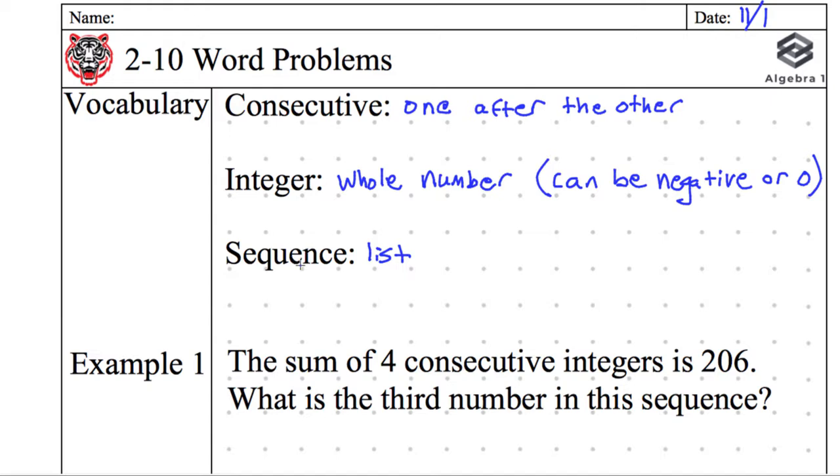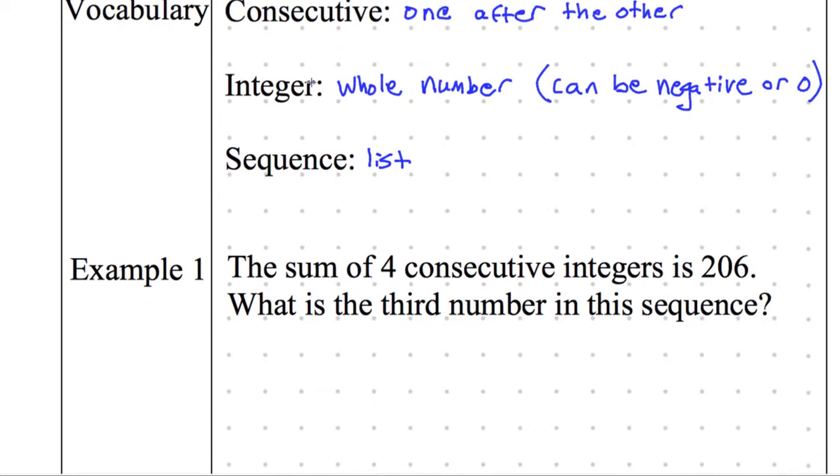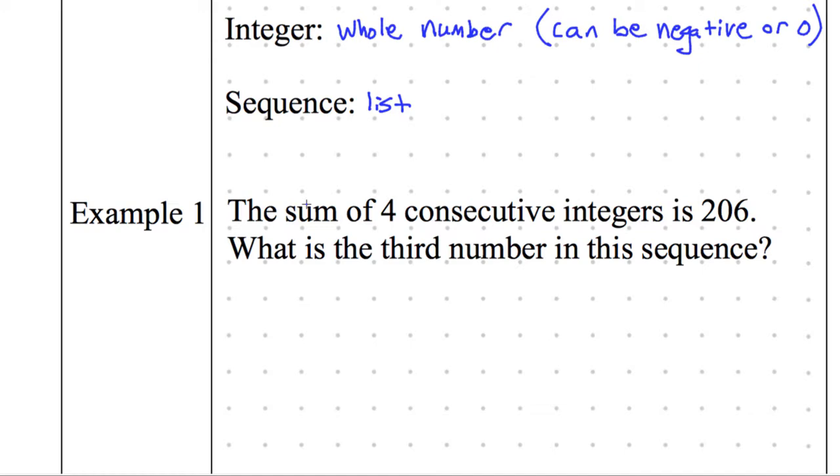Usually if it's a sequence of numbers, it's going to be a list of numbers. So what is your grocery sequence? What is the list of groceries that you're going to be getting? It's just a list. And usually that list is consecutive. It is one after the other.